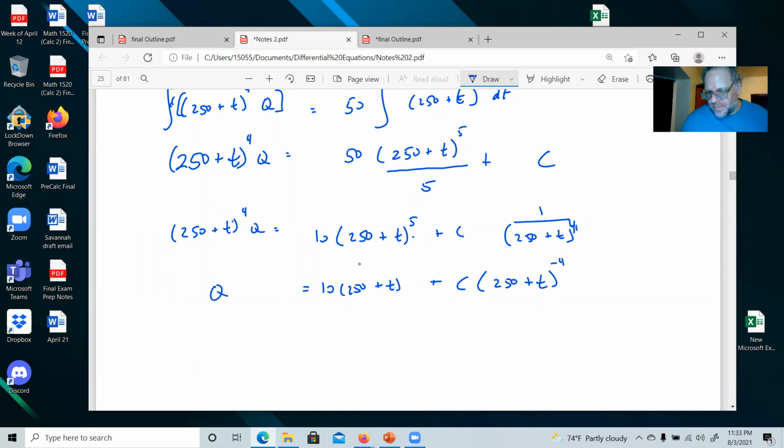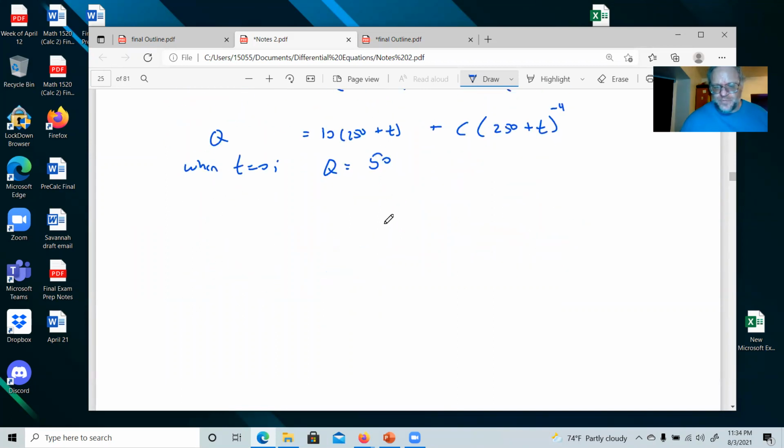This is equal to q. When t was equal to 0, q was equal to 50. So let's sort that out. We have 50 is equal to 10 times 250 plus c times 250 to the negative 4th power.